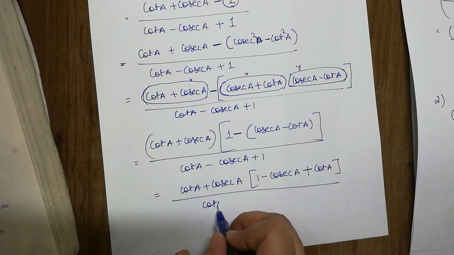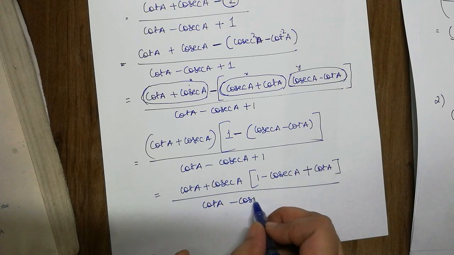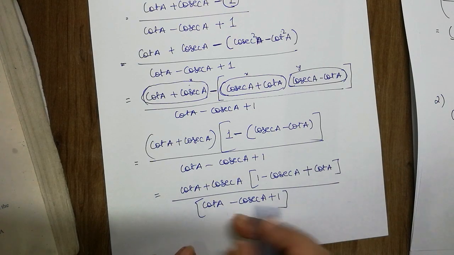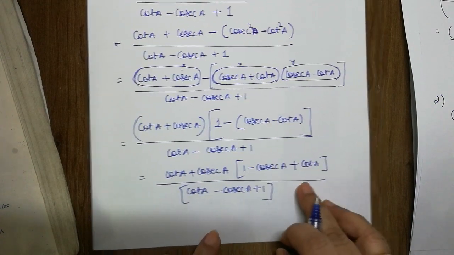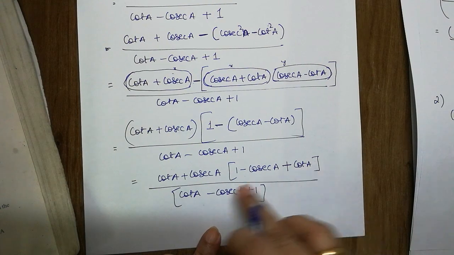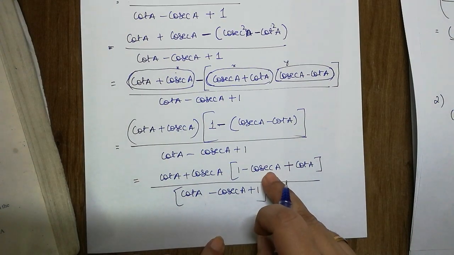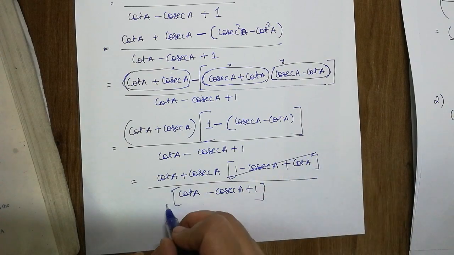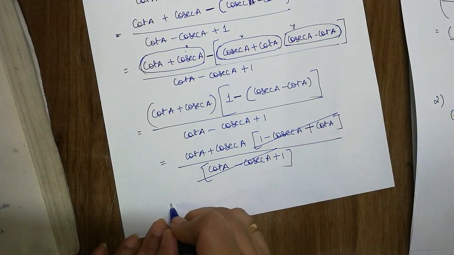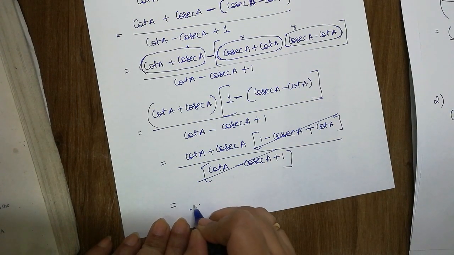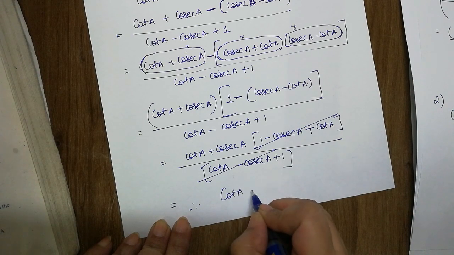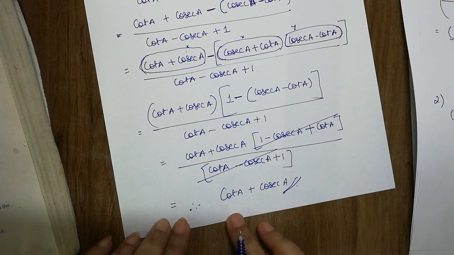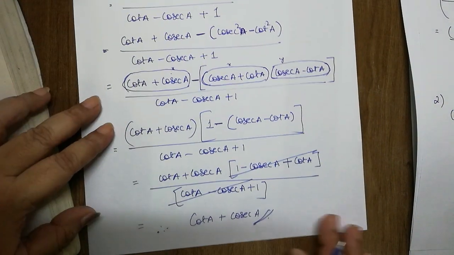Now check out the denominator. You can write one more step here, bringing it to this format. Now check here, this whole bracket, cot positive, minus cosec, plus 1, plus 1. So this whole bracket gets cancelled. So we get, therefore, cot a plus cosec a. Done. Hence proved.